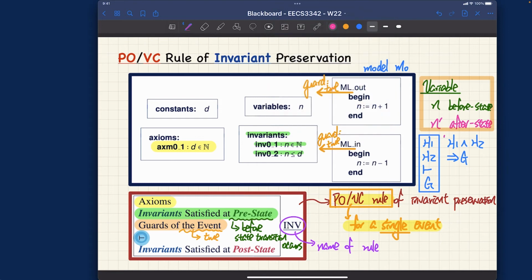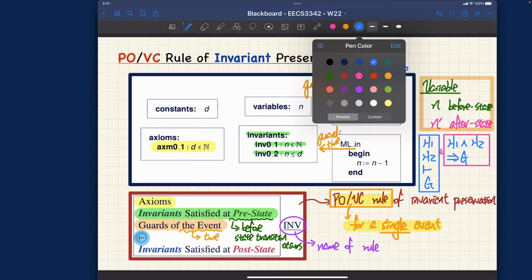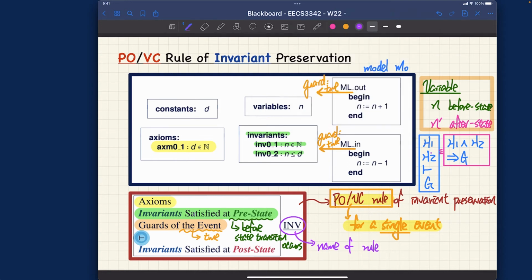It's so important for you to see that. So this one over here is equivalent to that. And for example, if the guard of the event, in this case for ML out, is actually true, what does it really mean? If H2 happens to be true, that means H2 over here is actually true.